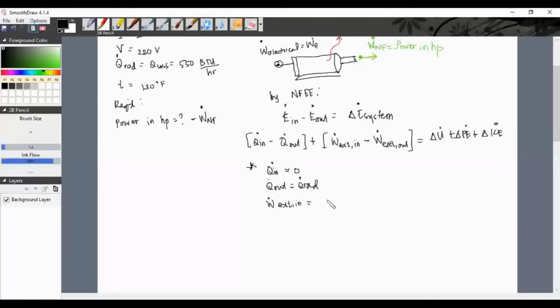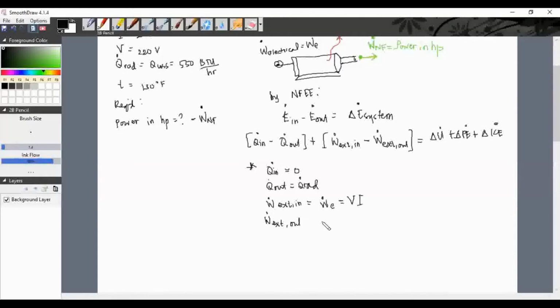So ito yung ating electrical power. Na paano natin kukunin? So based sa ating physics, so electrical power can be found using the formula V times I. So voltage times ampere or current.